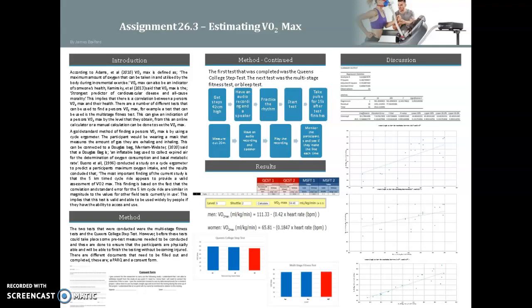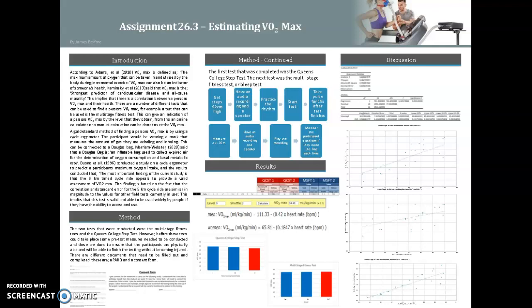The 15-second pulse for the participant was 31 and 32, so you multiply that by 4 and get the answer. You'd do 0.42 times 124, and then minus 113, and that would give a VO2 max score of approximately 59, and then doing it for the next test it would give a VO2 max score of approximately 58.